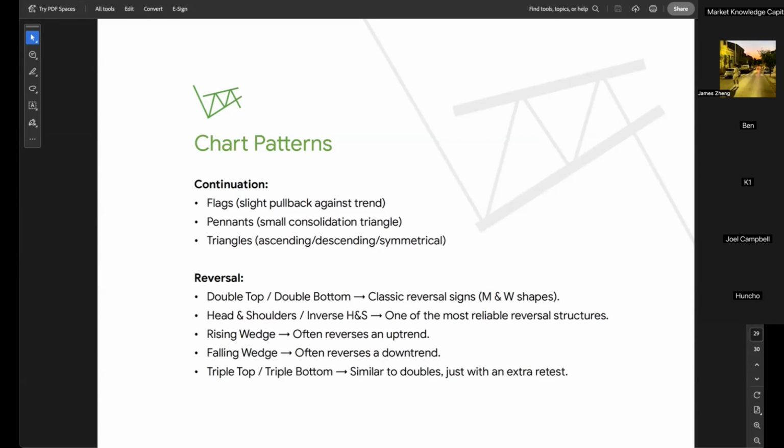Now we are onto chart patterns. With chart patterns, that is probably one of the primary tools that we're going to be using to identify our corrective formations. A chart pattern, generally speaking, is something that we have to identify that follows after an impulse.